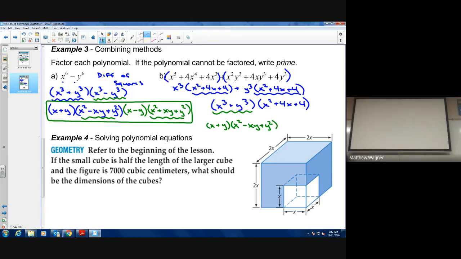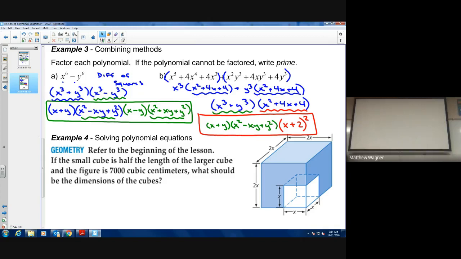And if you notice here, we have a perfect square trinomial. If I were to factor this, I would get x plus 2 and x plus 2, or x plus 2 squared. And now I am done factoring this polynomial.